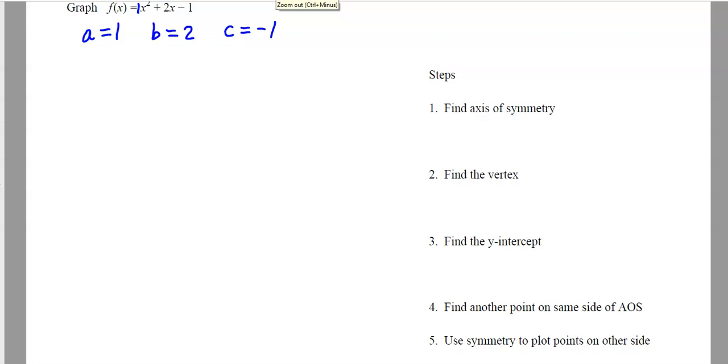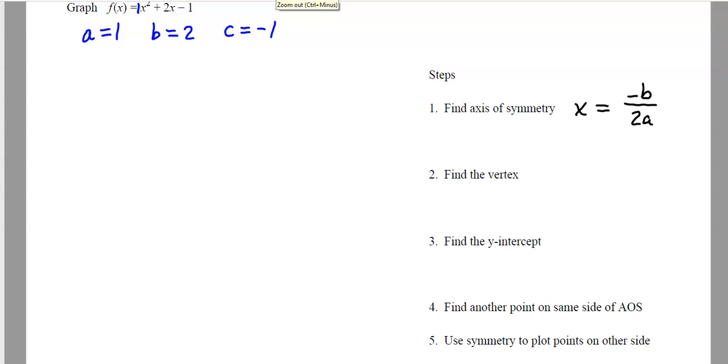So here we go. The first thing we want to find is the axis of symmetry. You just have to memorize this, but in general, the axis of symmetry is the vertical line x equals -b over 2a. There's a whole proof that goes into that, but for right now, just take my word for it.